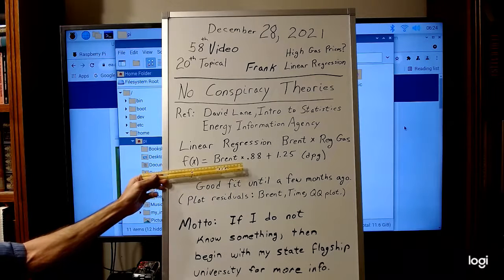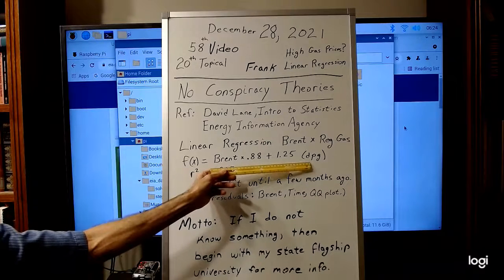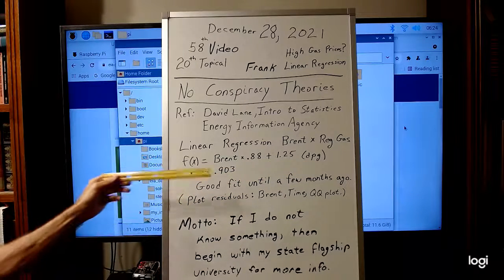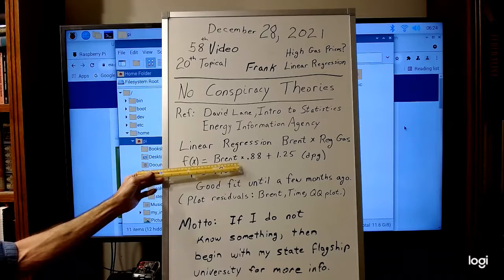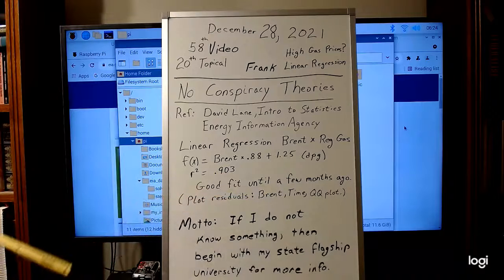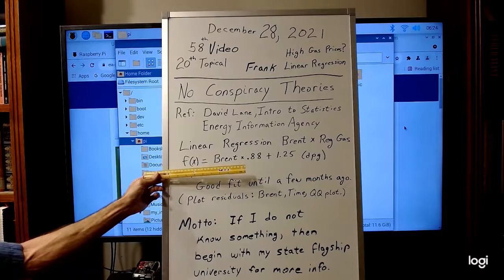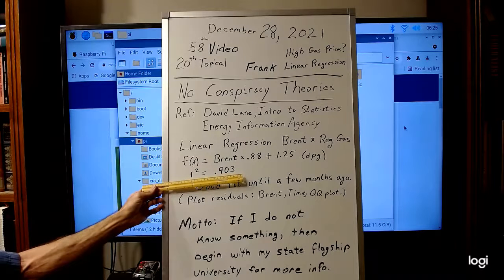There's my equation. I'm using dollars per gallon on all of my units, and the data they give the Brent is in dollars per barrel, so I convert dollars per barrel to dollars per gallon, and I am using the weekly data set, and my R squared was 0.903.